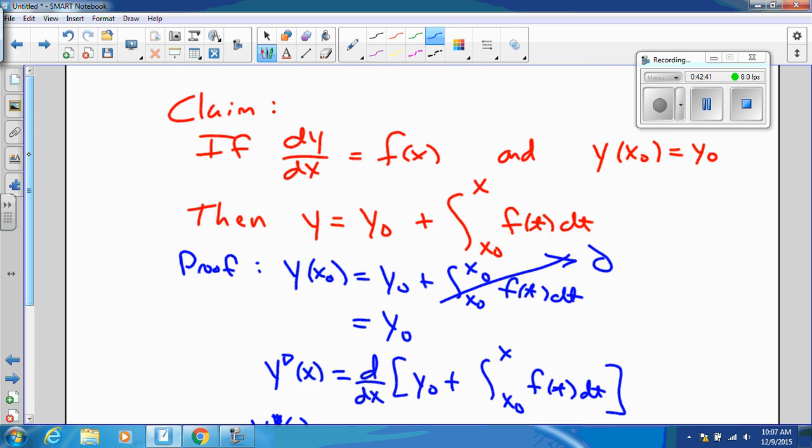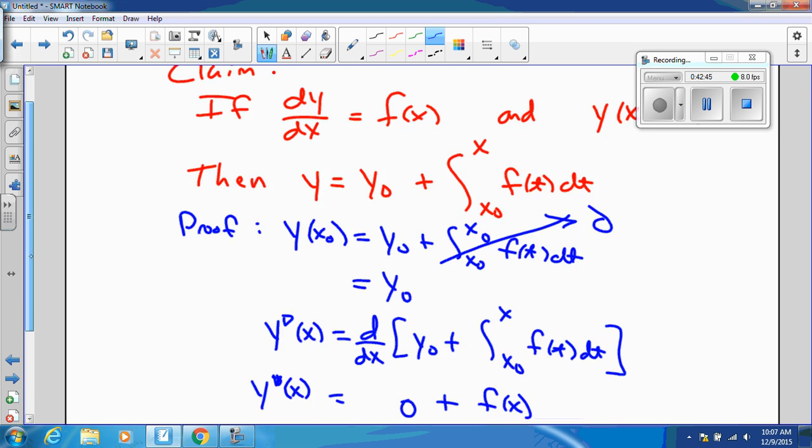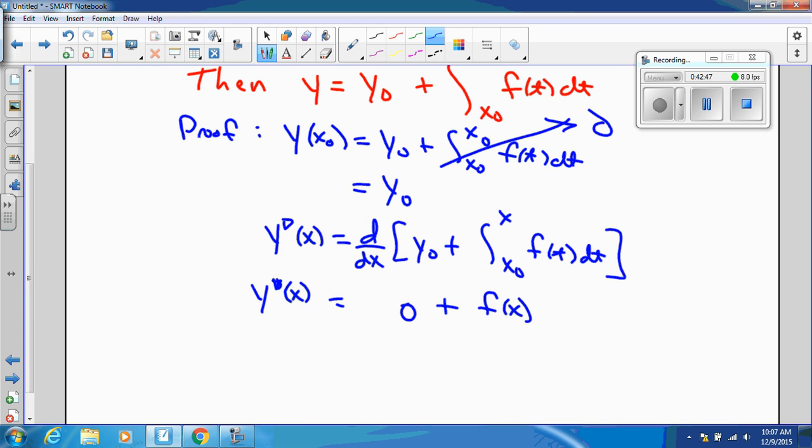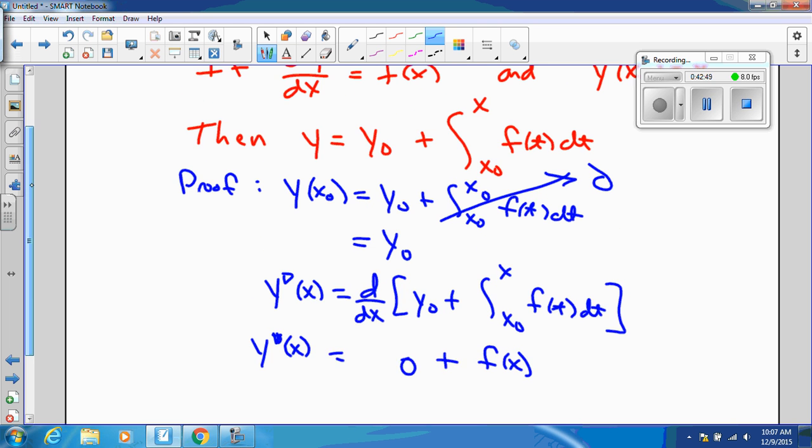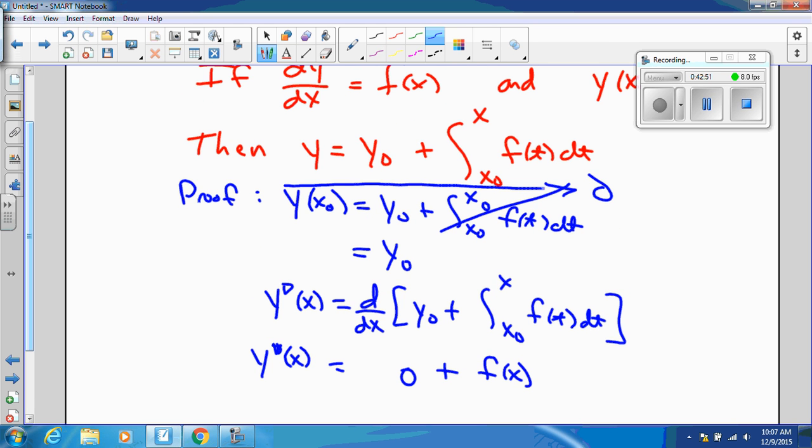And lo and behold, I have satisfied the differential equation. So what this does for me is it allows me to write a solution to my differential equation no matter what function my derivative is equal to. That's amazingly powerful. You say, well, what good would it do me if I can't find an antiderivative? It would do you good in this way.